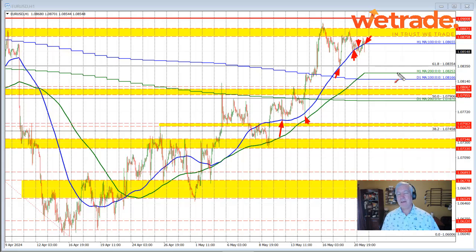So, in the shorter term, there is a little bit of a negative. There are two reasons. One, the high price stalled against the low of that swing area. Two, we're below the rising 100-hour moving average, which makes it an easier hurdle for the sellers to take more control. But they are, okay? So as long as the price can remain below 1.0865 in the short term, the sellers remain more in control.